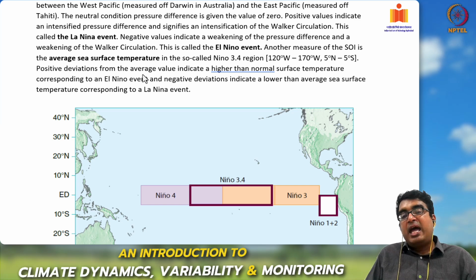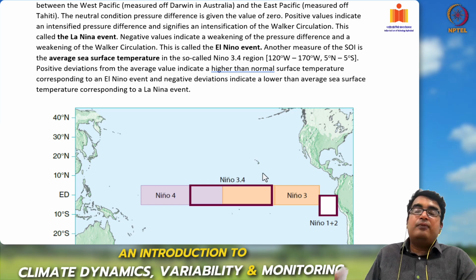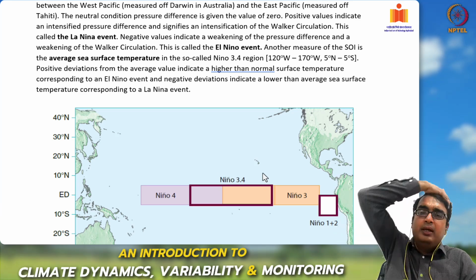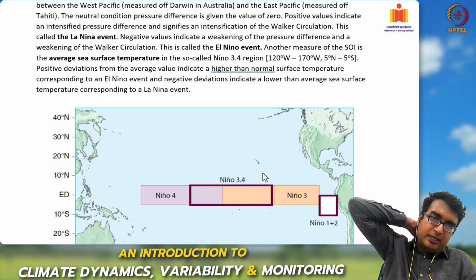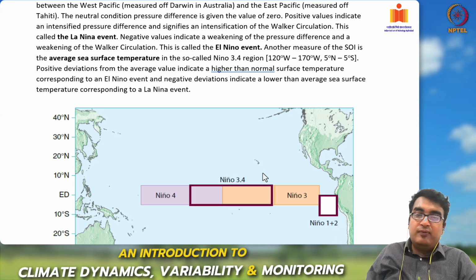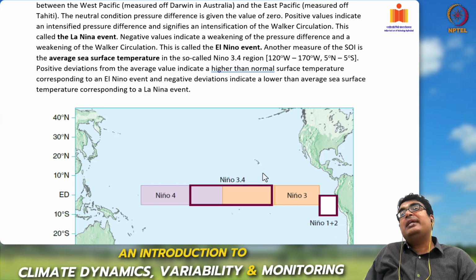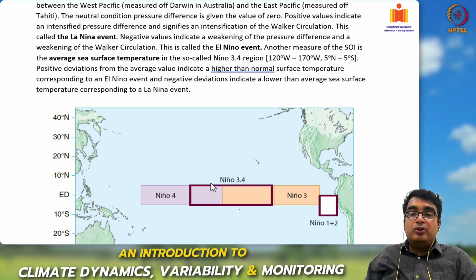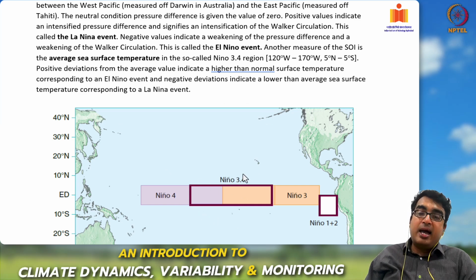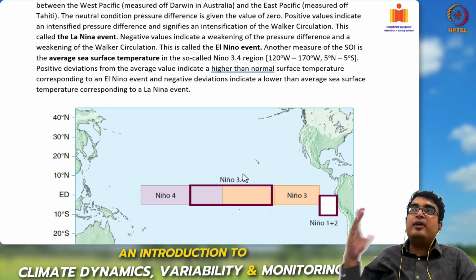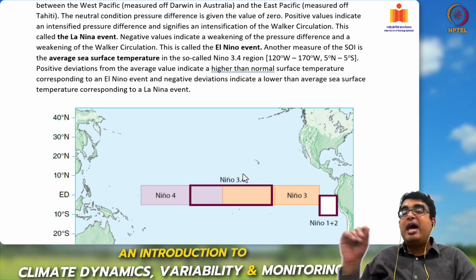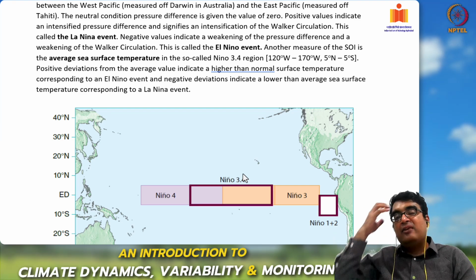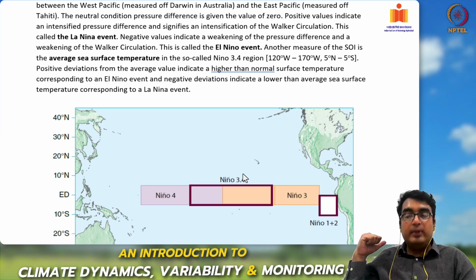Positive deviations from the average value indicate a higher than normal surface temperature, which corresponds to an El Nino event, whereas negative deviations indicate a lower than average sea surface temperature corresponding to a La Nina event. So if the Nino 3.4 average temperature is higher, then you have the El Nino event, a weakening of the Walker circulation, and if it's lower, then you have a La Nina event, a strengthening of the Walker circulation.